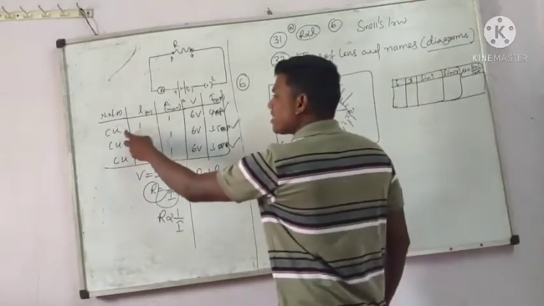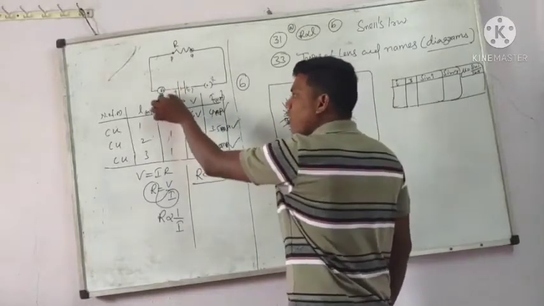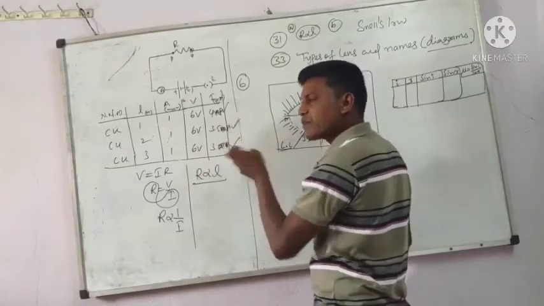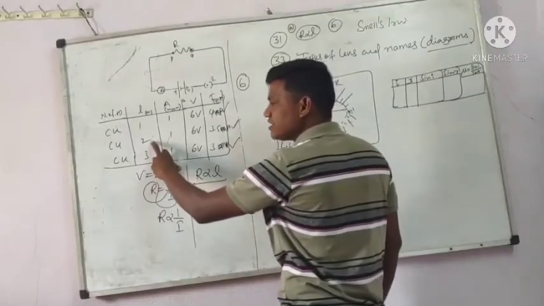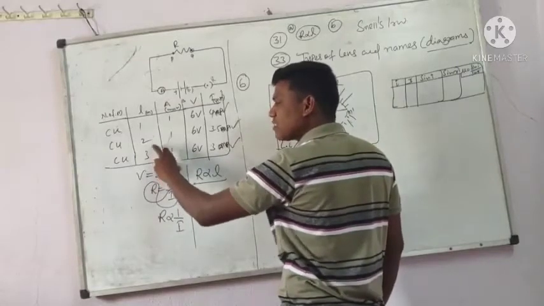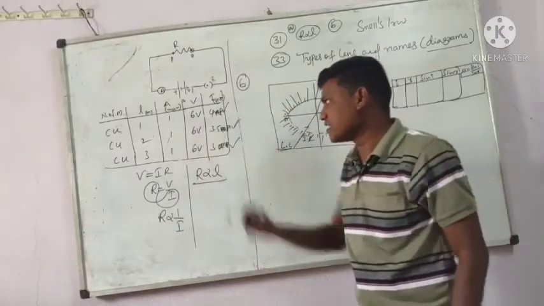So we place each wire between P and Q one after the other and note the corresponding ammeter readings.